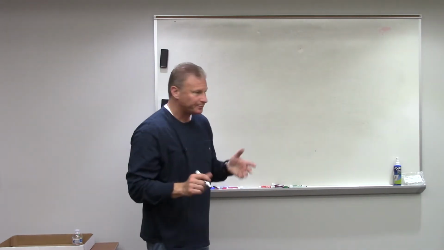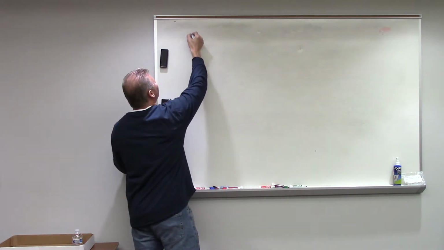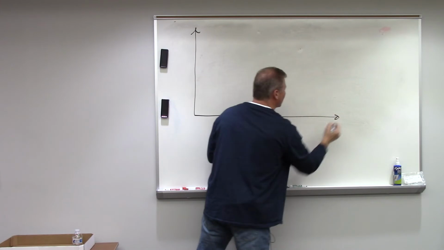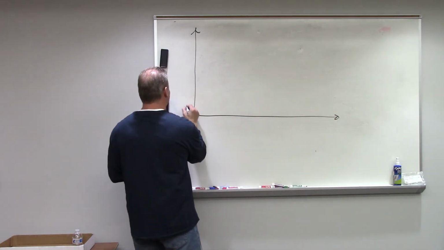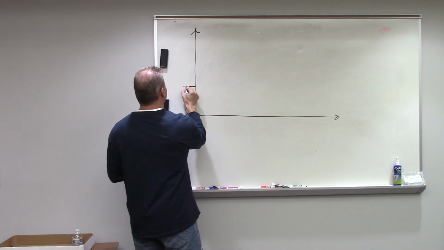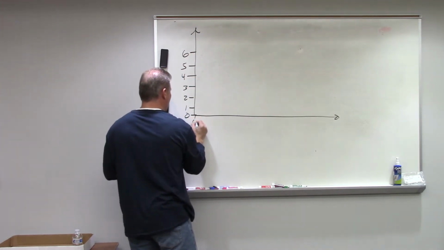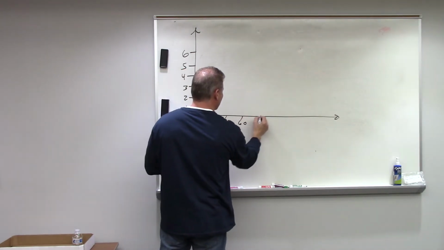So I'm going to draw the curve. I want the formula in at the same time, okay? So we're going to go with the same graph that we've been looking at, 0 to 6. It's fun drawing these graphs, isn't it?